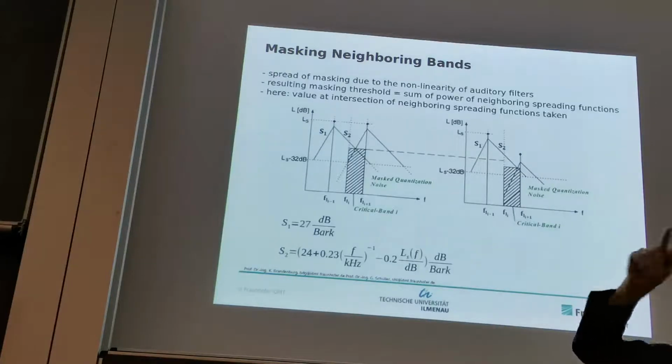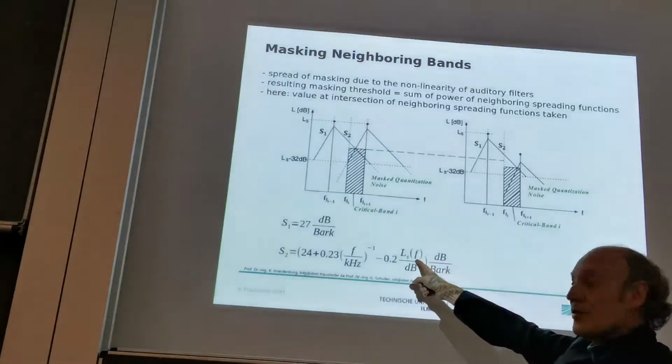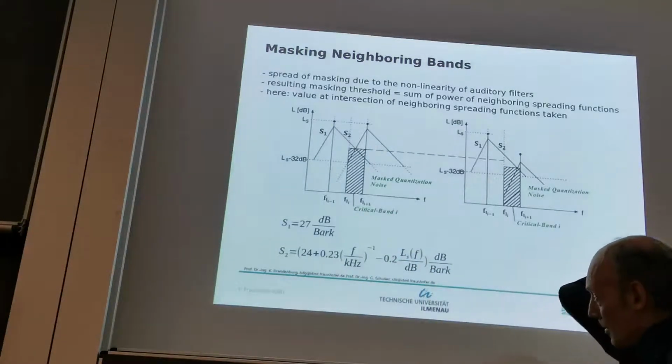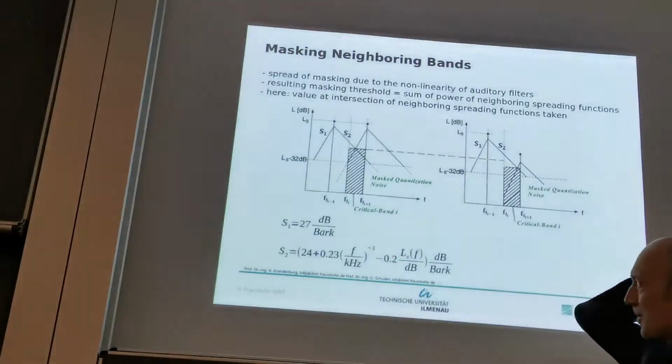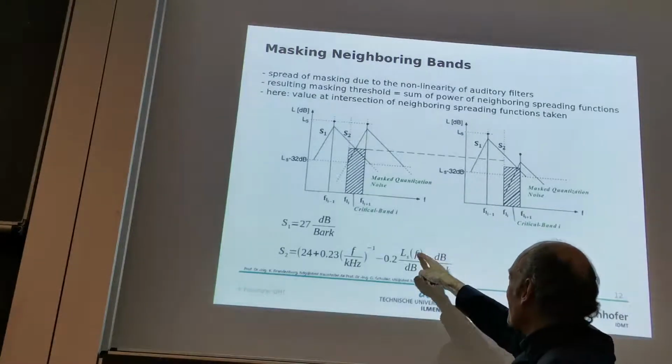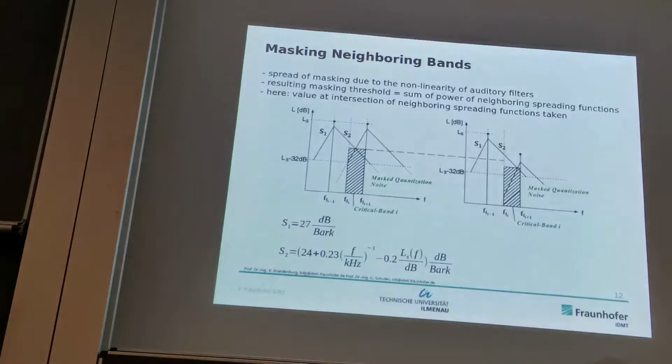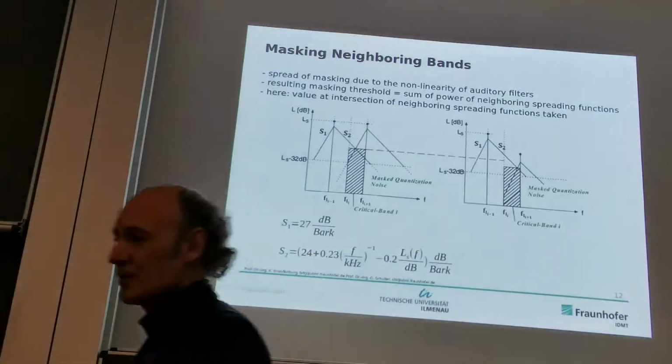So you would have 24 minus 8, and then you're at 16. Maybe you have 60 dB. 60 dB times 0.2 would be 12, I guess. 24 minus 12 is 12. Yeah, something like that.